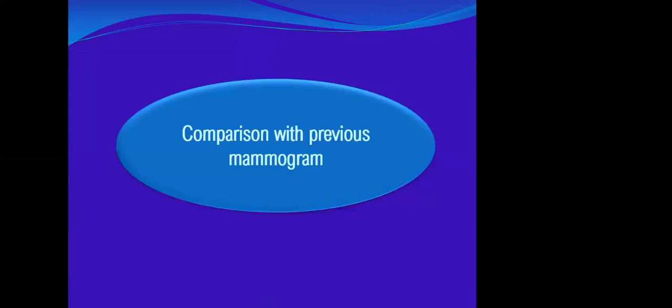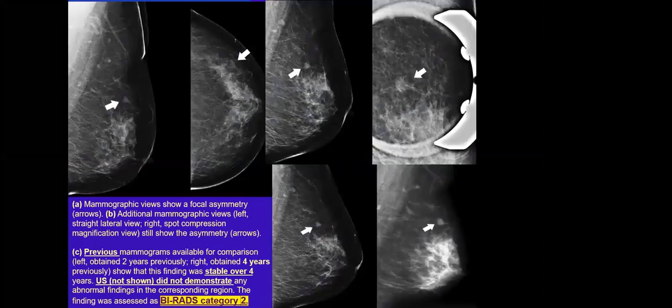Okay, it is important to compare with the previous mammography as we described before, and in this case, mammography showed focal asymmetry. Additional mammographic view and the straight lateral view showed the asymmetry as arrows.